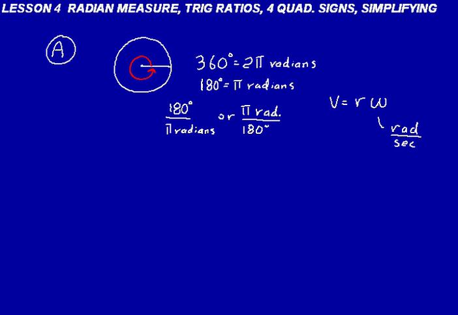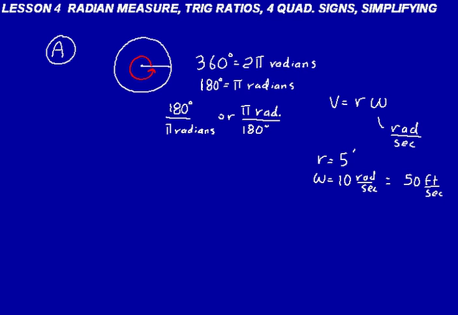So if we were given a radius equal to 5 feet, that little tick mark means feet, and an angular rotation rate of 10 radians per second, we would multiply those two things together and get 50 feet per second.